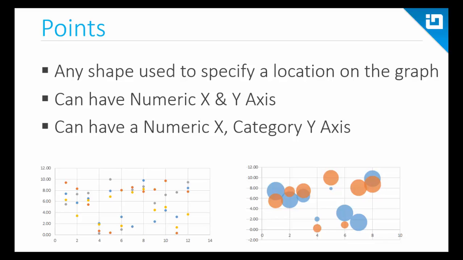It's more difficult to decipher point-based data that's just sitting in space. So a lot of times when we talk about points, we talk about a line chart or points with lines, because those points are connected. If you think about something that has a numeric x and a category y axis, the category y may be something like time-based data.